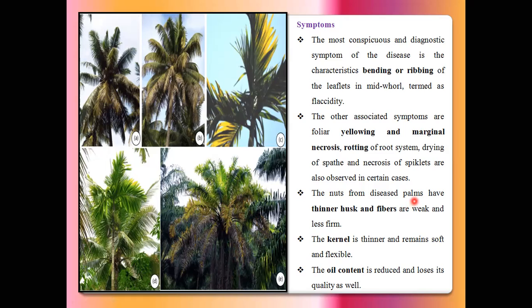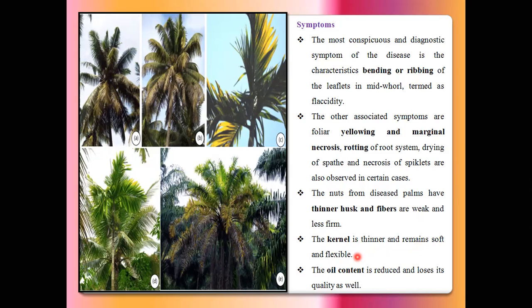These nuts are also small in size, with thinner husk, and the fibers are generally weak and less firm. The kernel is also thinner and remains soft and flexible, and these small-sized nuts have a reduced oil percentage.